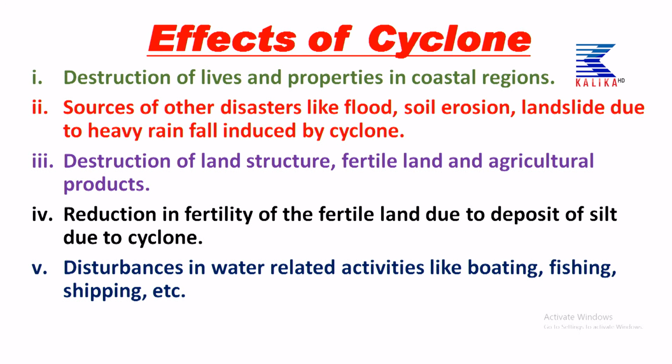Sources of other disasters like flood, soil erosion, landslides due to heavy rainfall induced by the cyclone. Destruction of land structure, fertile land and agricultural products. Reduction in fertility of the fertile land due to the deposit of silt due to cyclone. Silt means the sand.